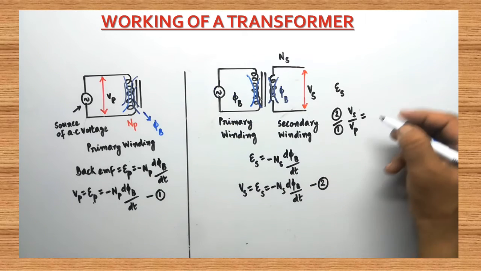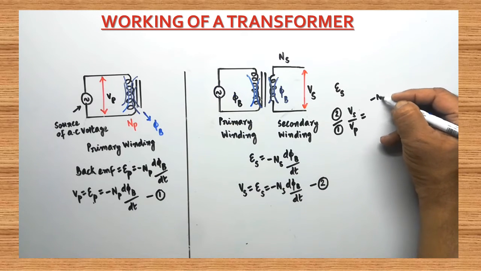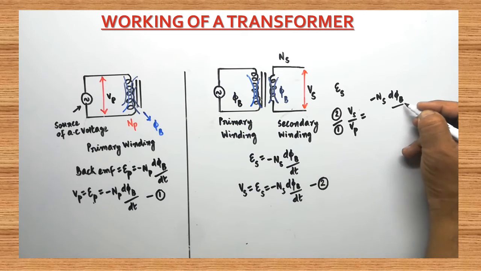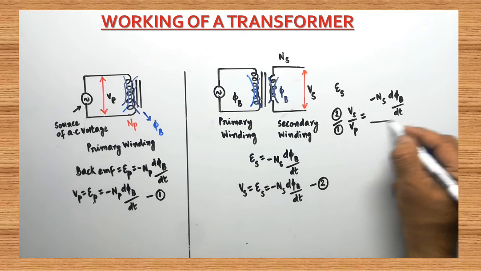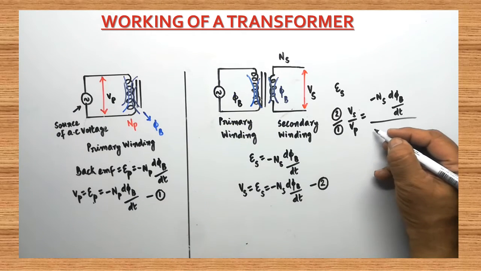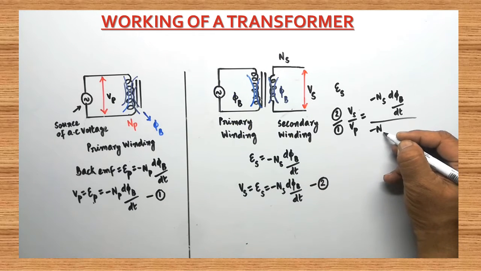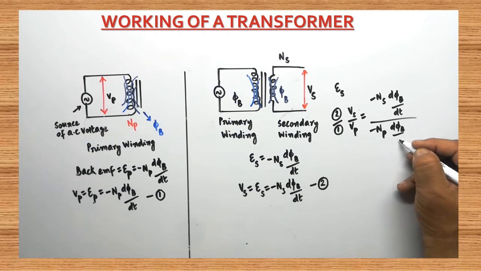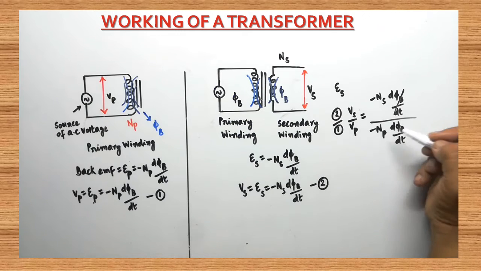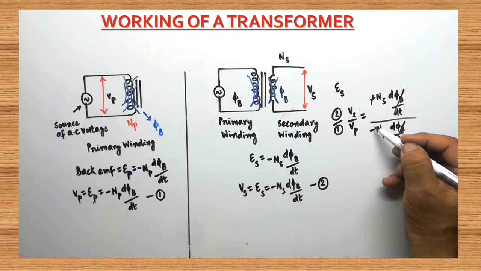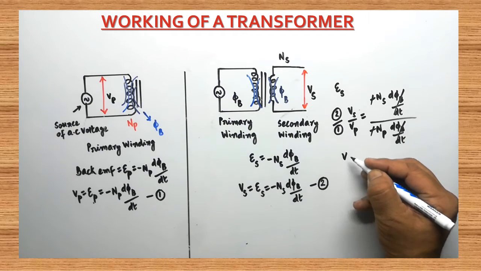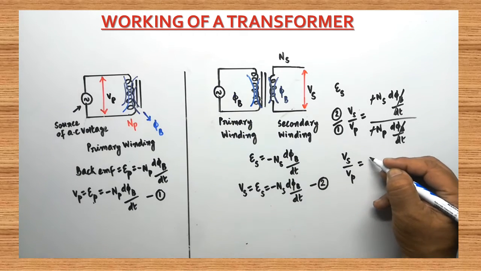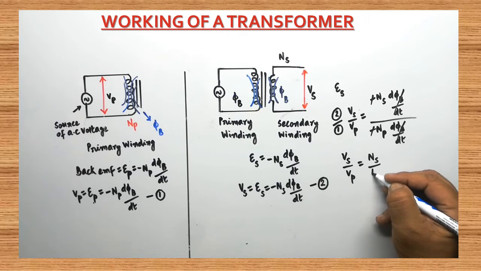I am going to substitute now: minus Ns dφB/dt, whole divided by Np dφB/dt. Now these factors can be cancelled. This minus sign can also be cancelled. So what is the remaining thing? Vs divided by Vp is equal to Ns divided by Np.